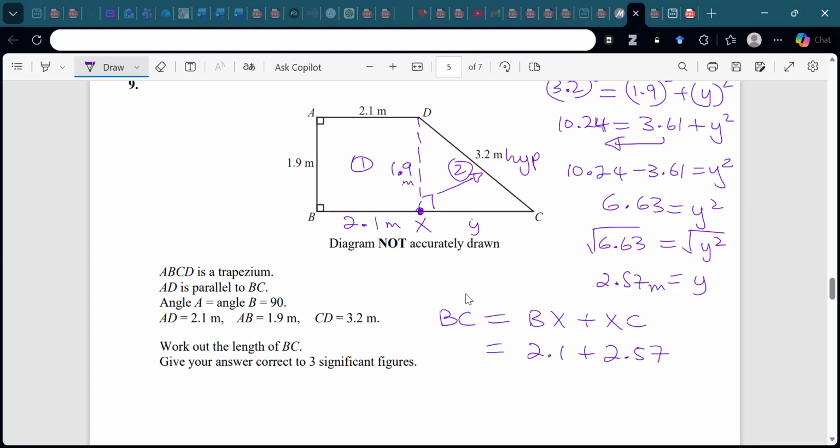So we're going to end up with a final answer of 4.67. And that is going to be in meters, and that's the length of BC. All right, meters.